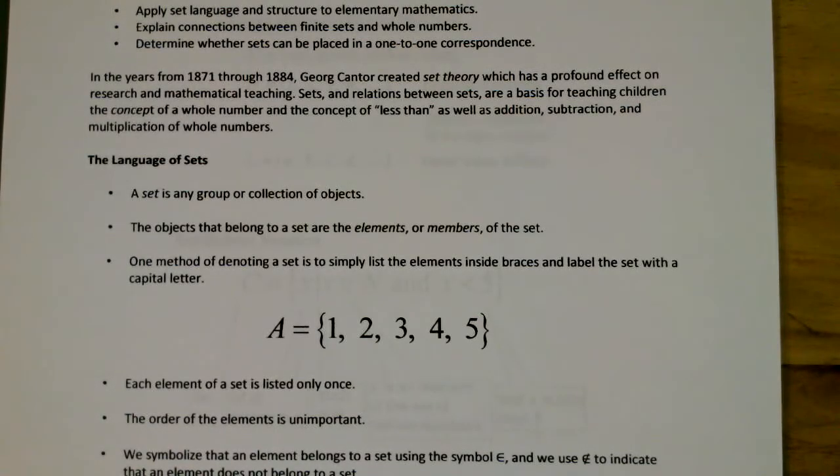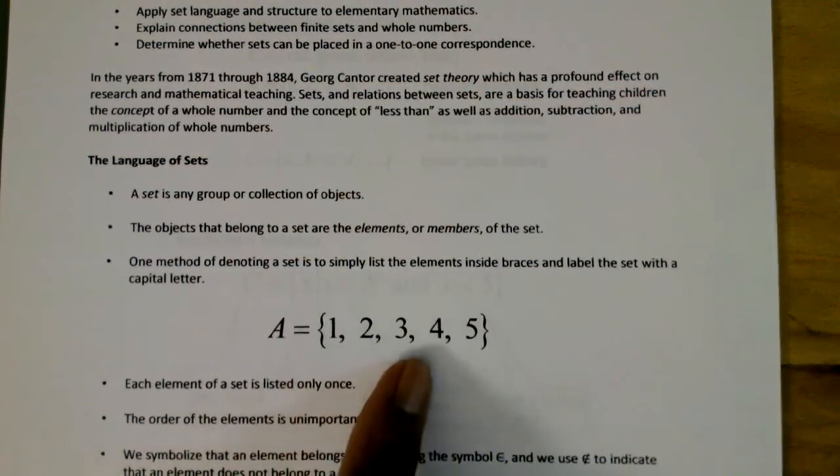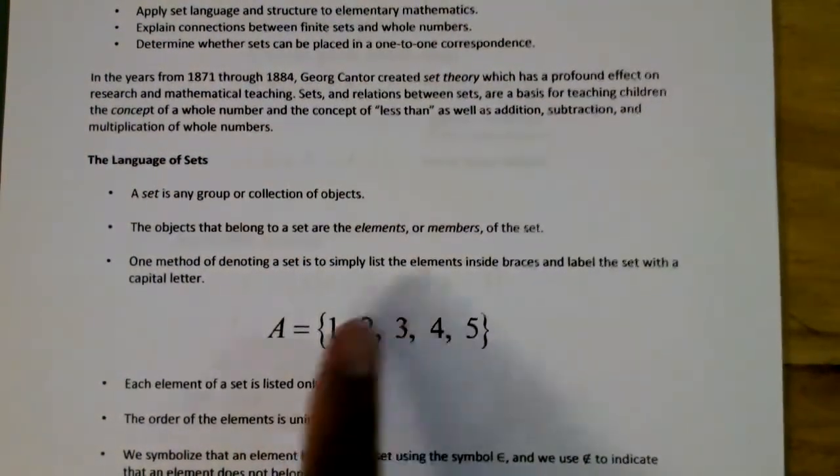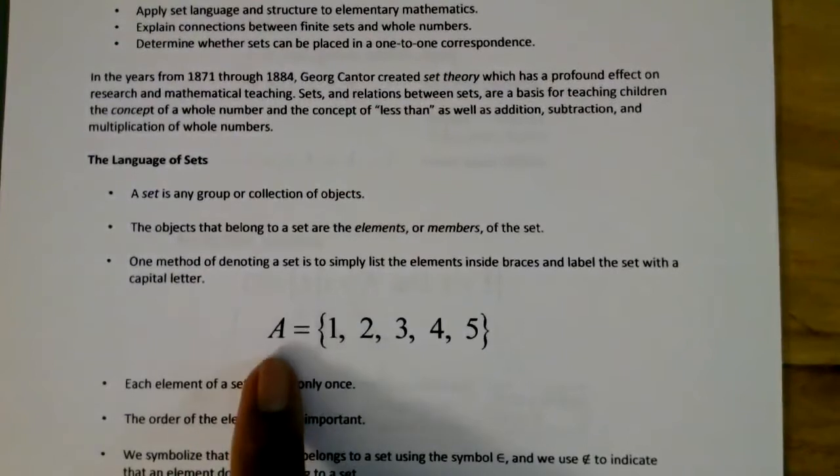And one method of denoting a set is to simply list the elements inside the braces and label the set with a capital letter. So here, this set has elements inside the braces, and then you have a capital letter.